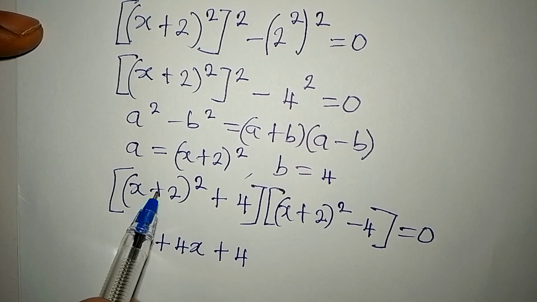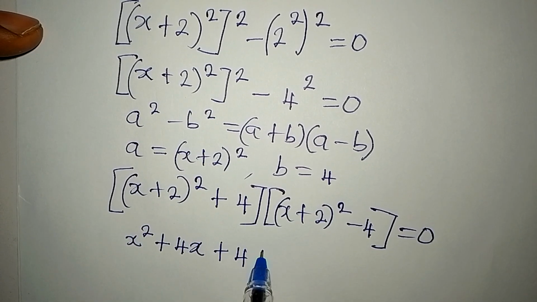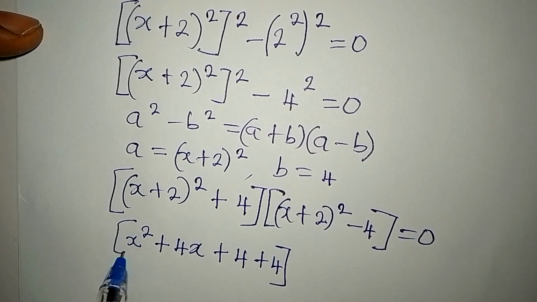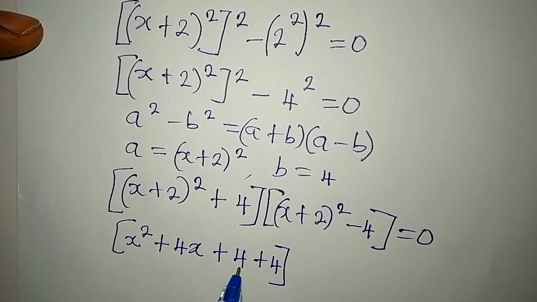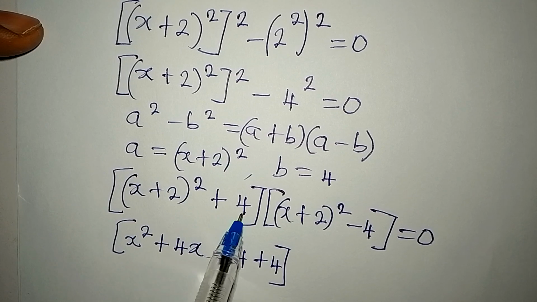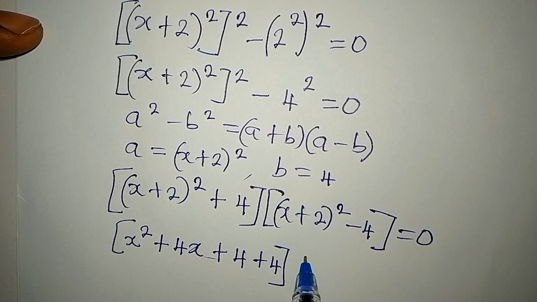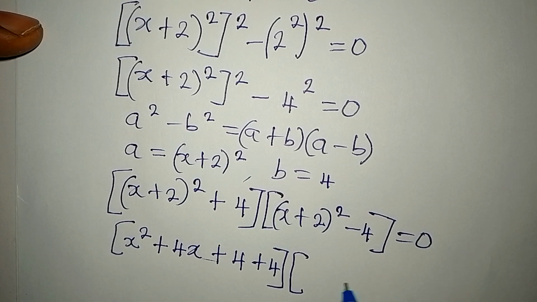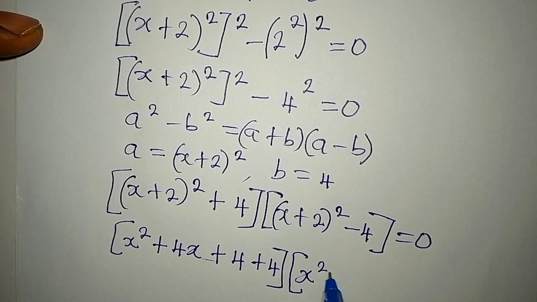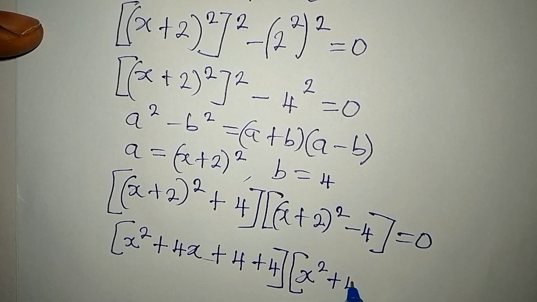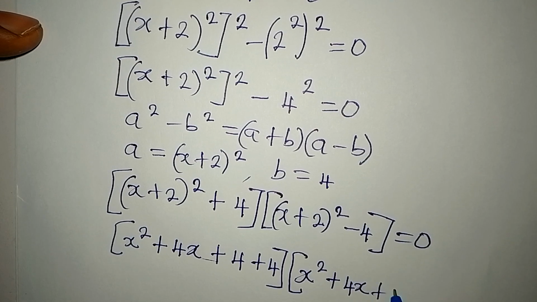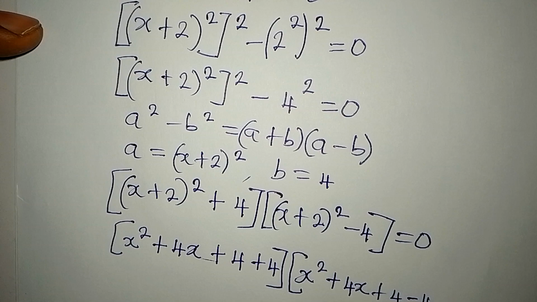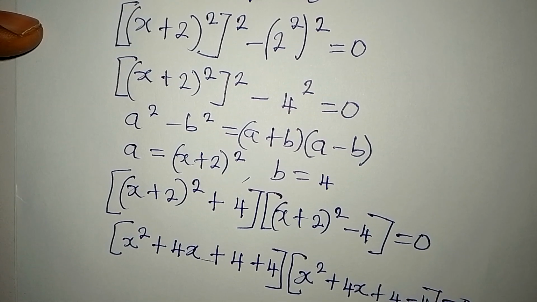So if you expand this, this is what we're going to have, then we have plus 4. So this is what we have in the first bracket. Then here we'll expand this and we'll get this same thing, which is x^2 + 4x + 4. Then we have minus 4 over there, so we equate to 0.